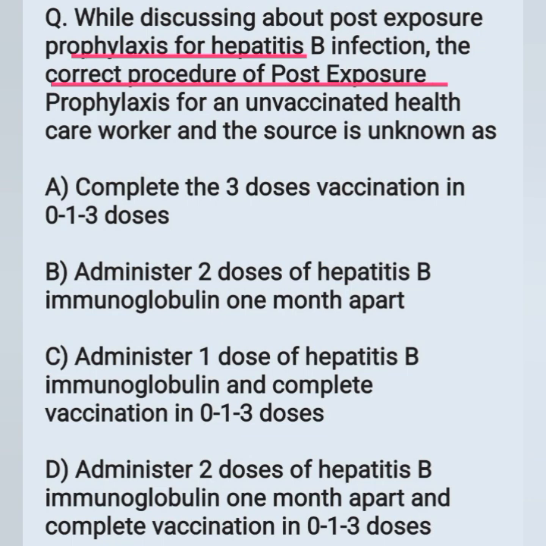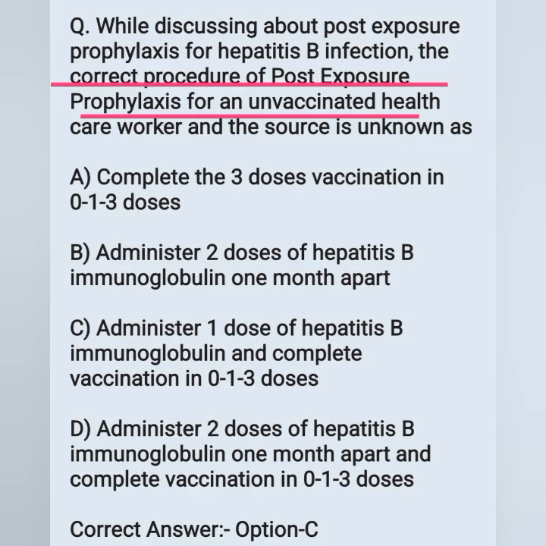We can give the first dose of hepatitis B immunoglobulin and complete vaccination in 0, 1, 3 doses. Option C is the correct answer.